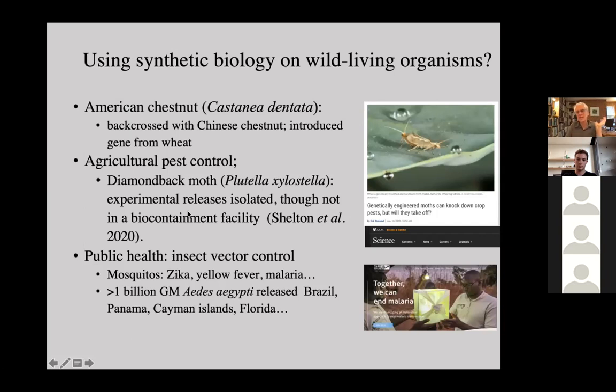And this is just to say that it's not just conservationists who are doing synthetic biology on wild living organisms. There's a lot of interest in forestry, in agricultural pest control, in public health. And so these are indeed the areas which will first see genetically engineered organisms developed using the new techniques released.